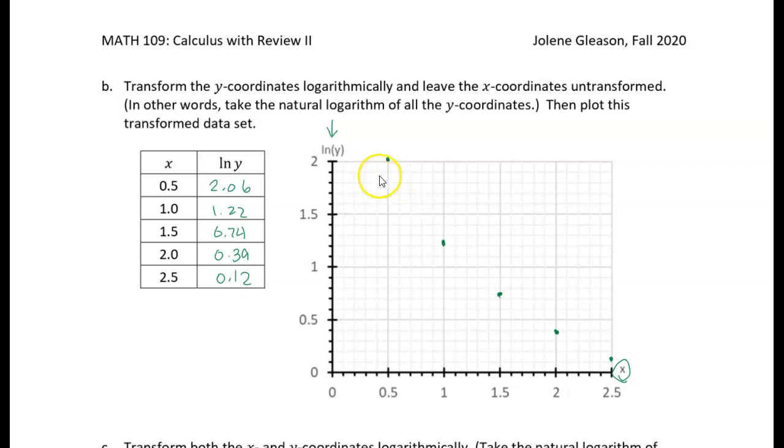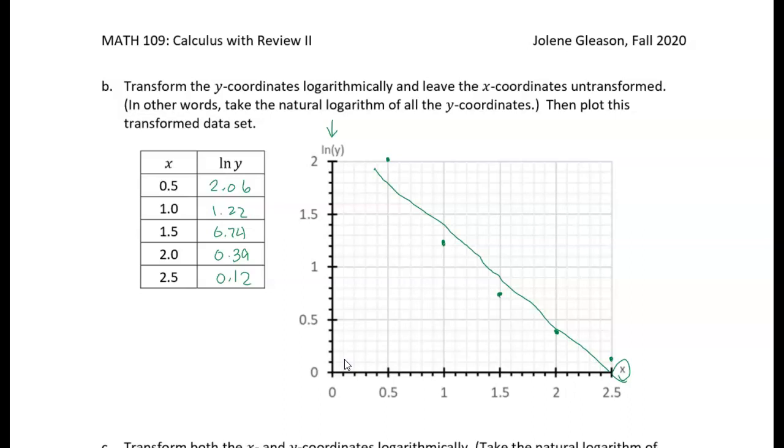If I tried to draw a straight line between these points, the points don't fit a line very well. I mean, they're close, but it's just data too. So maybe that could be considered linear, but it's not exactly linear.